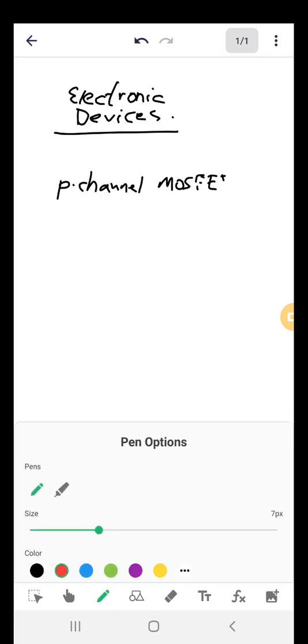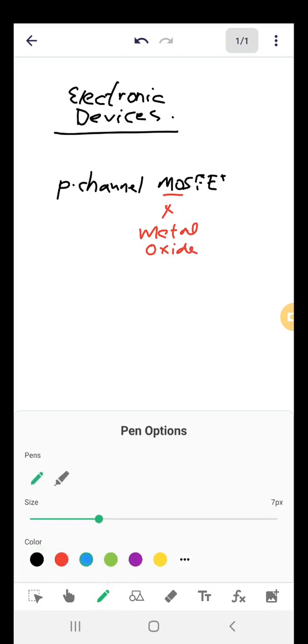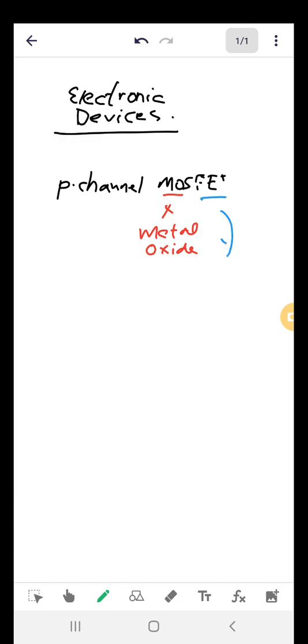So this MOS stands for metal oxide, and this FET, on the other hand, stands for field effect transistor.